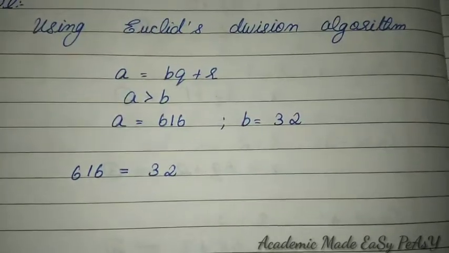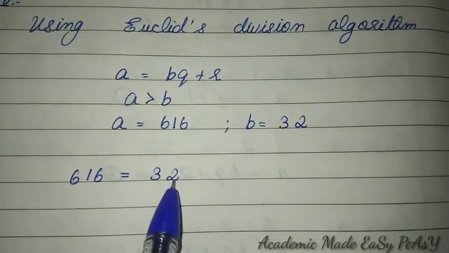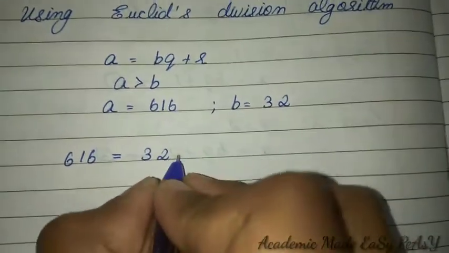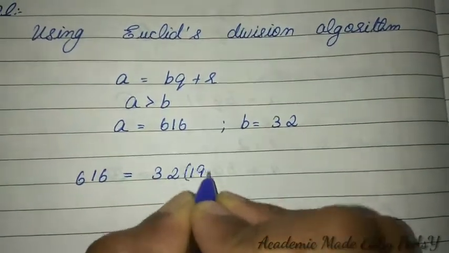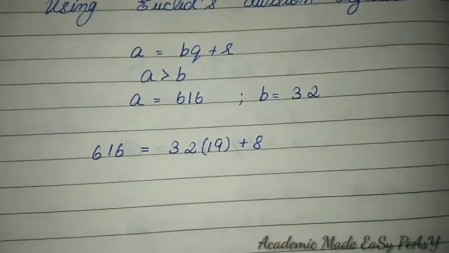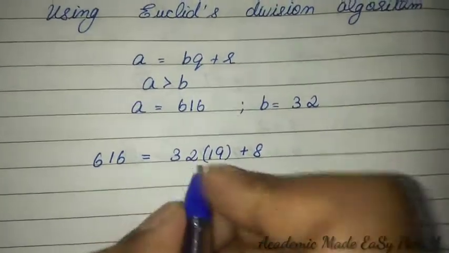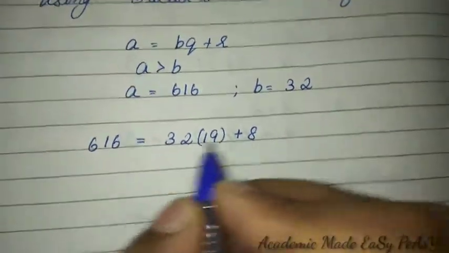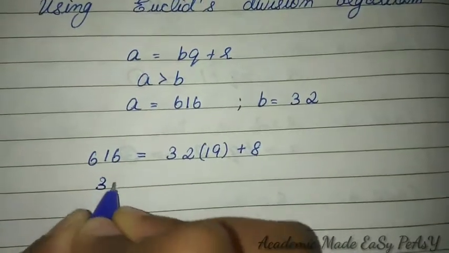If I multiply 32 with 19, I will get 608. So I will have 32 into 19 plus 8. So this gives me 616. Okay, so my remainder did not reach 0. So therefore, I have to continue.